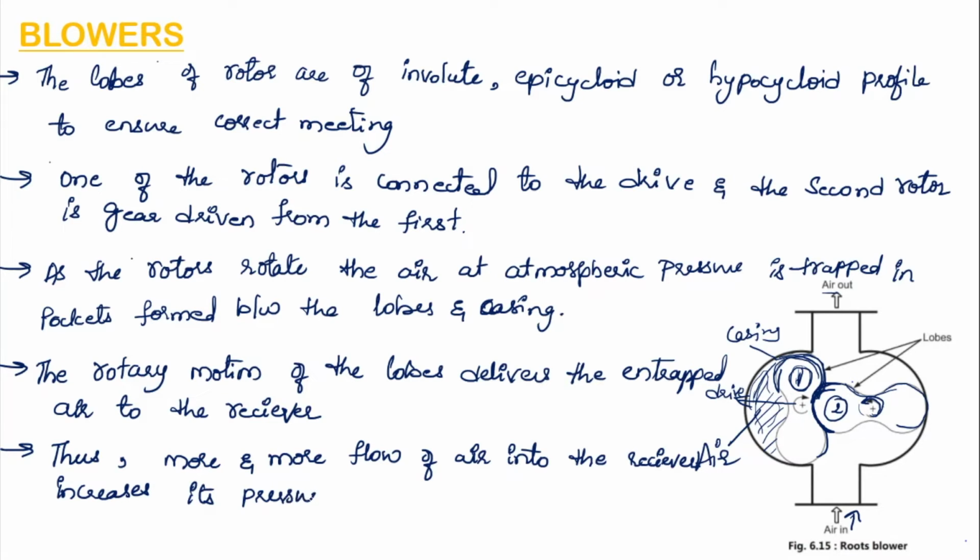So the pressure of the air is increased because of the rotation of these lobes. So finally, the air at high pressure is delivered from the receiver.